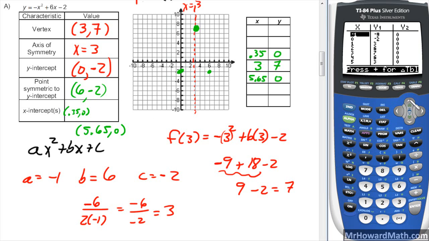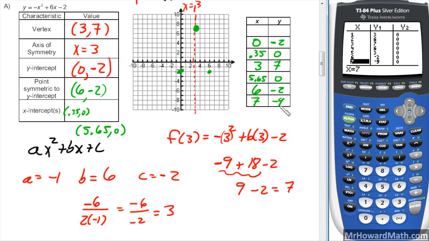So let's go on our table. We have 0, -2 that we identified right here. We have 6, -2 that we found right here. So we need one more point to the right, 7, -9, and we want one point to the left of 0, so -1, -9.